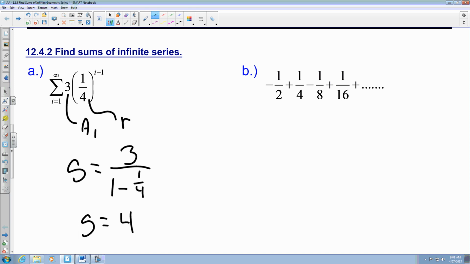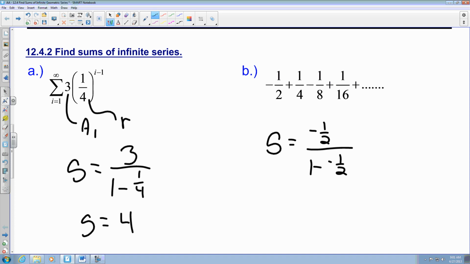If I look at this one here, I have S equals negative 1/2 divided by 1 minus a negative 1/2.